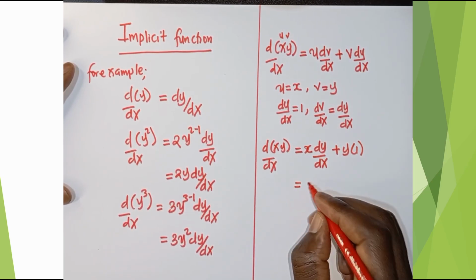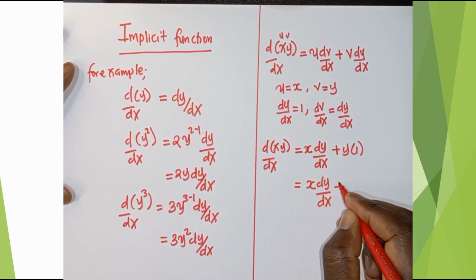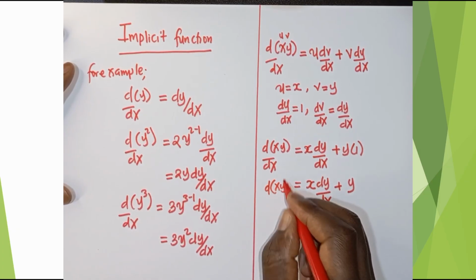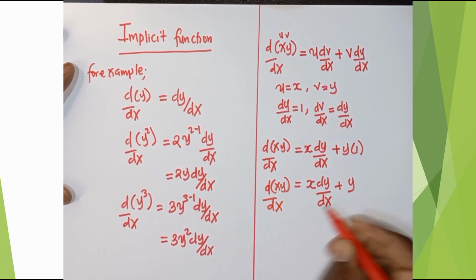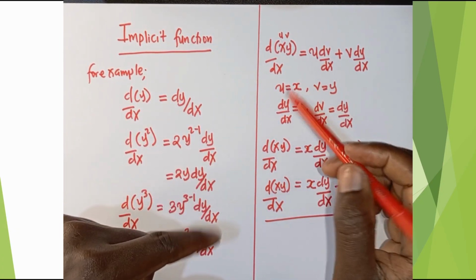So therefore the derivative becomes x dy by dx plus y is the derivative of xy with respect to x. Now, this is how we differentiate xy.